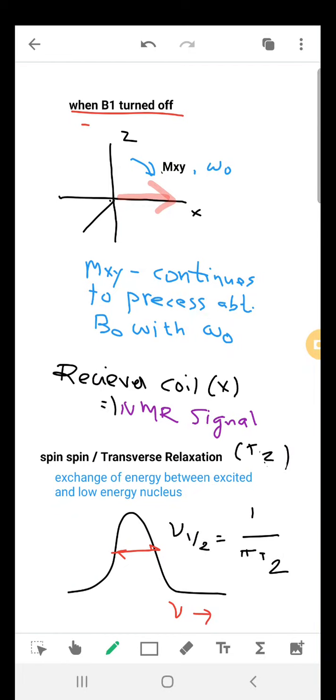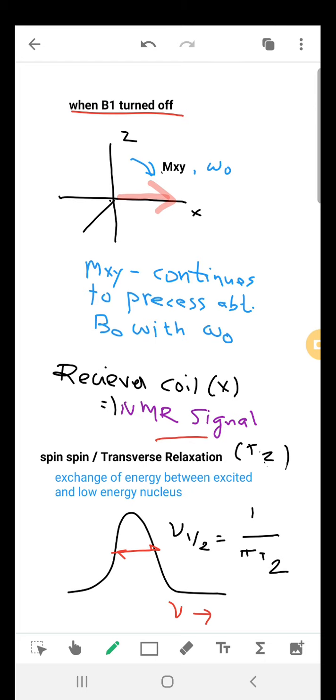When this B1 is turned off, the magnetization turns to Mxy, and this Mxy will continue to persist along B0 with omega 0, the frequency of the nucleus. The received signal, we take as the NMR signal.